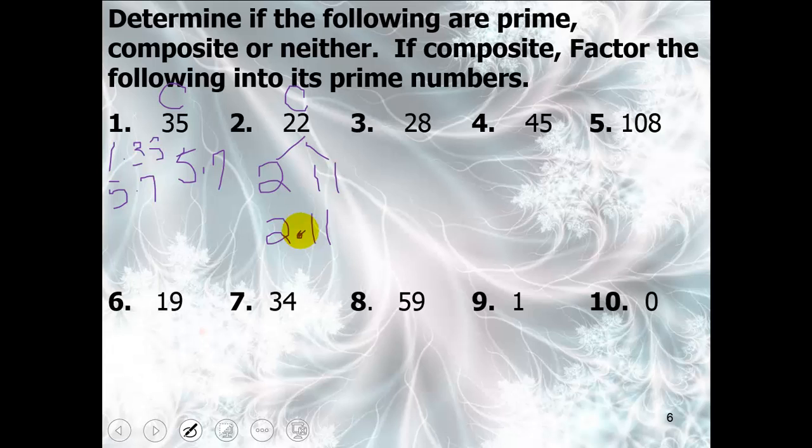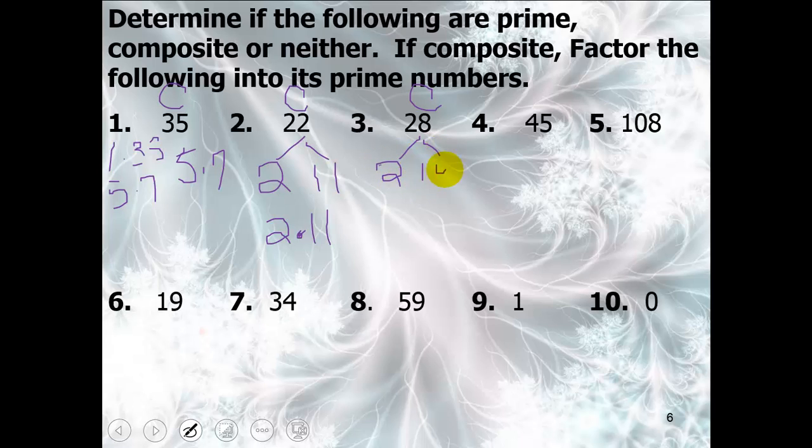28. It's even, so I know that there's more than 2 factors for 28. I have 1 and 28, 2 and 14, 4 and 7, so I know it's a composite number. Now it's even, so I'm going to start dividing by 2.